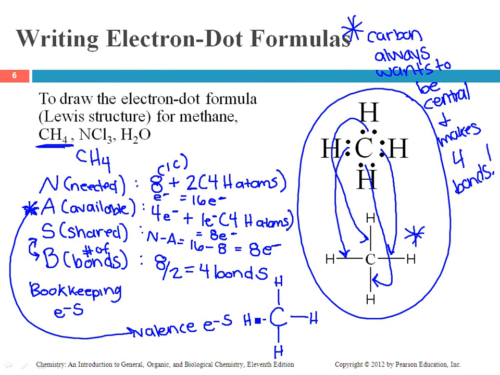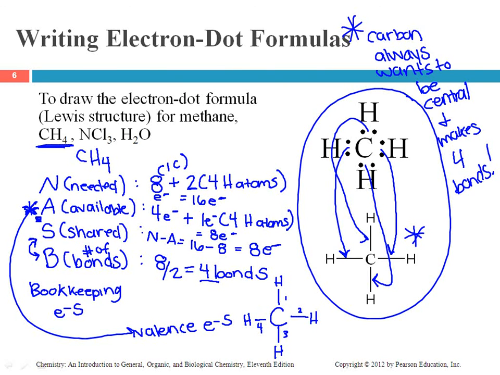But now let's go check our NASB. We need 4 bonds. So we've got 1, 2, 3, 4. Each bond contains 2 electrons, so we're going to have 8 shared electrons, 2, 4, 6, 8.